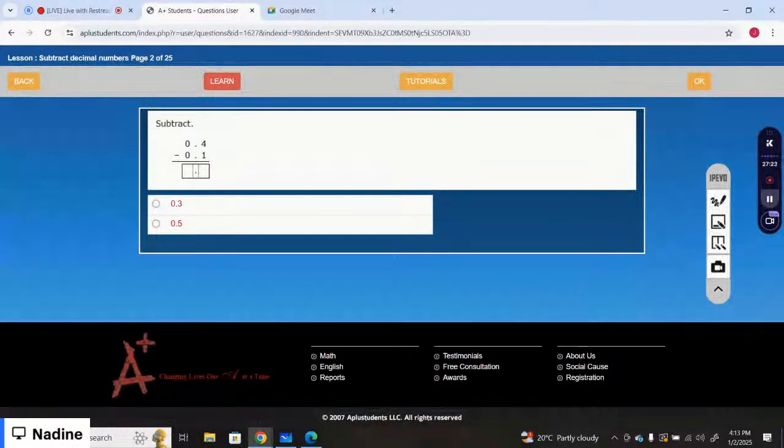0.4 minus 0.1, which is the correct option? That is 0.4 minus 0.1 equals 0.3.